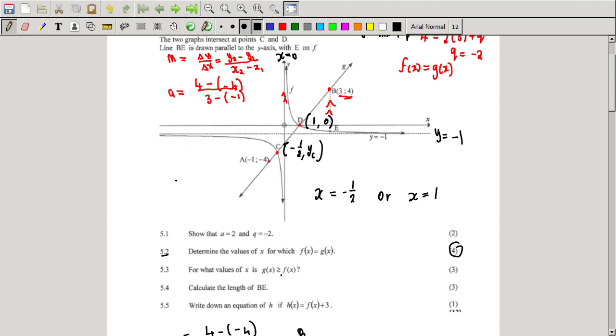So now 5.3, it says the value of x for which g of x is greater or equal to f of x, where g of x is above or equal to f of x. So that is what we're going to be looking for. We're going to be looking for the values of x where that condition is satisfied.